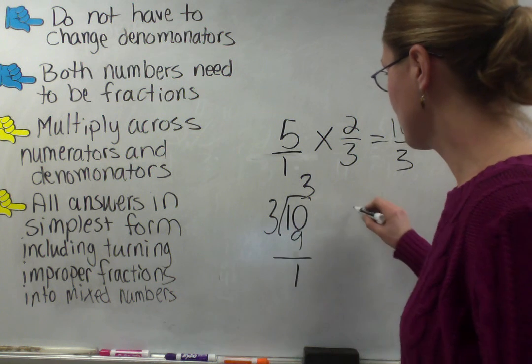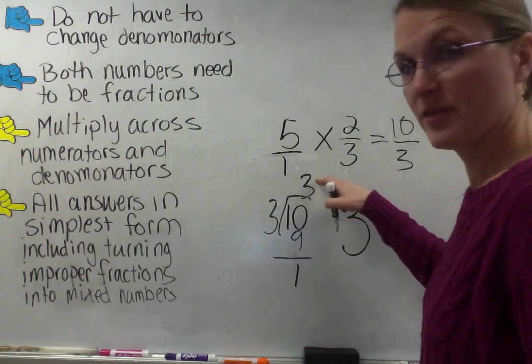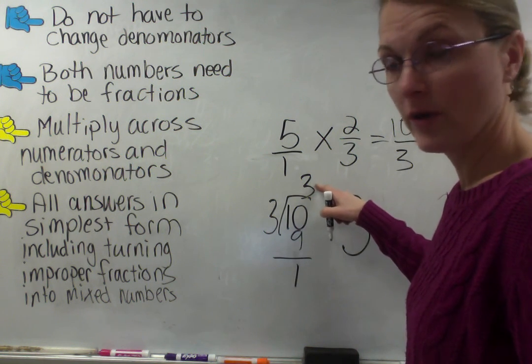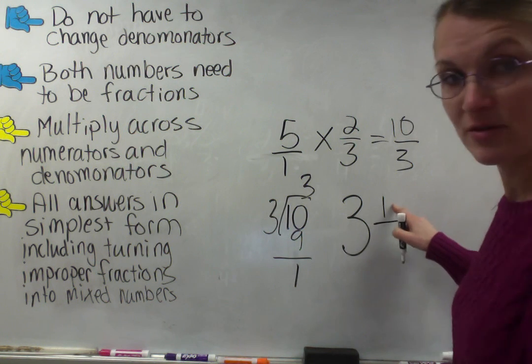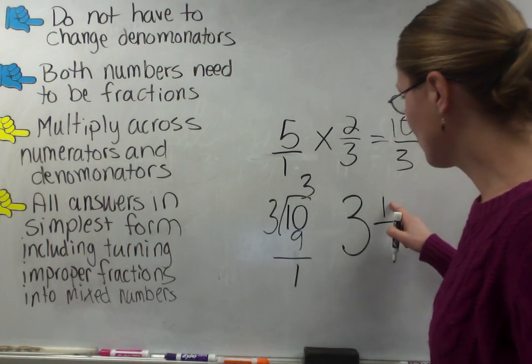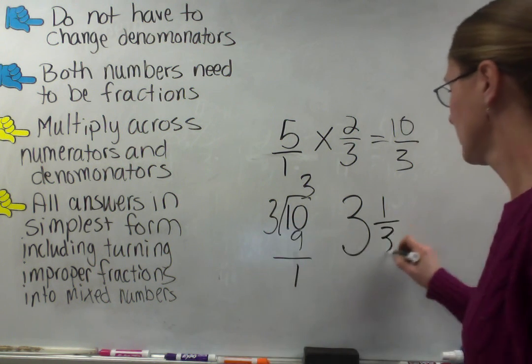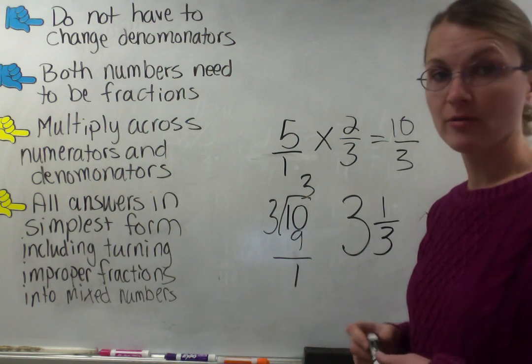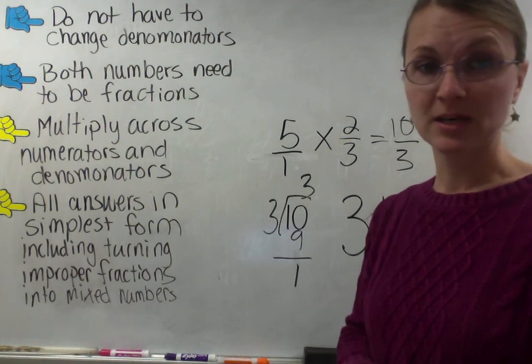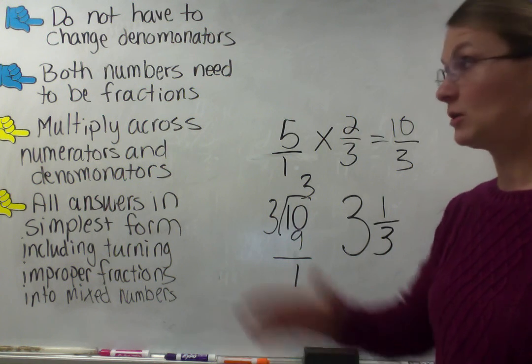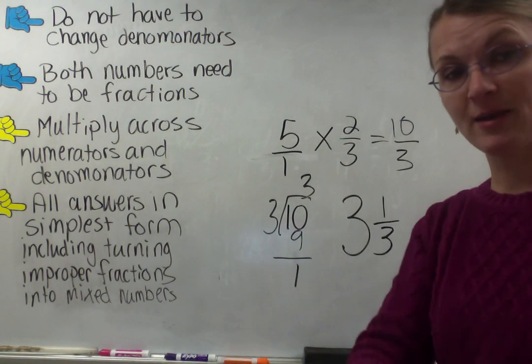I can make 3 groups of 3, so that's 3 wholes. This number is always your whole, and your remainder becomes your leftover fraction. So that becomes your new numerator, and you have 1 leftover what? You have 1 leftover third. So you're going to get 3 1/3. And 3 1/3 is already in simplest form because the numerator is 1. So hopefully this helps you on your way.